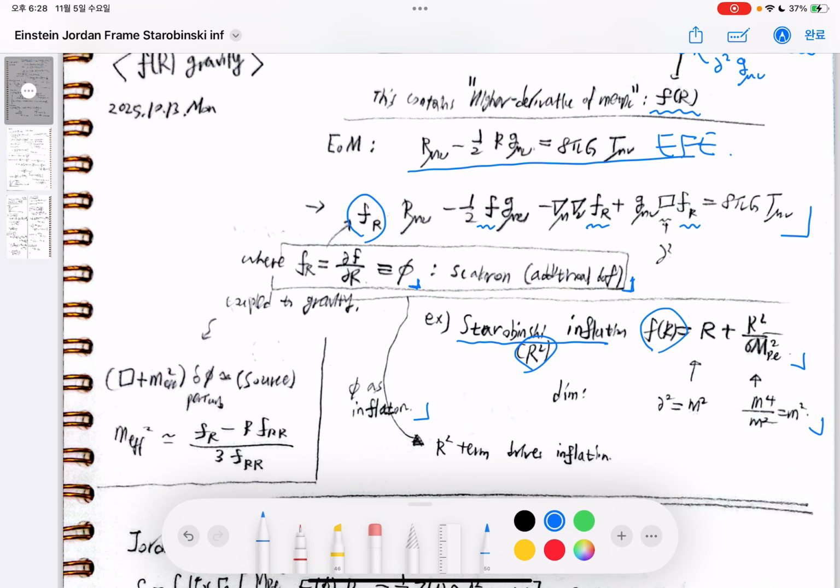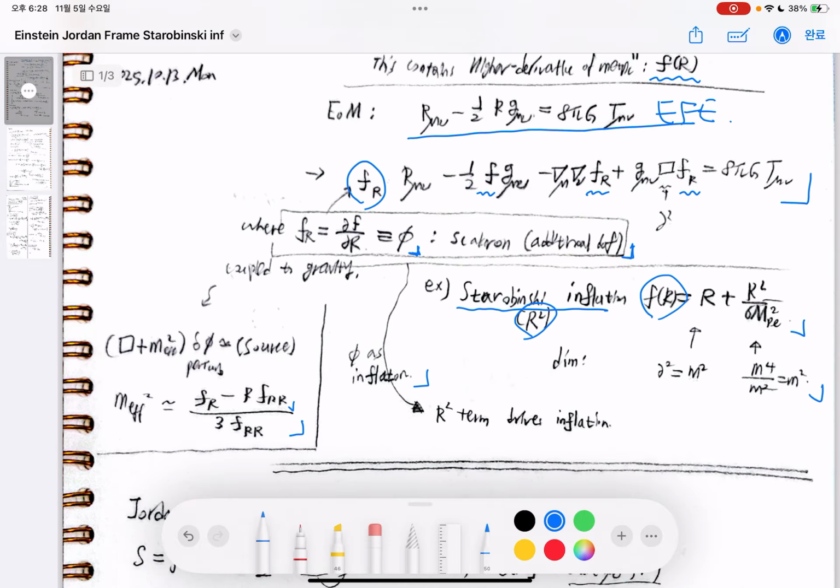And then from f and f_R and the second derivative of f denoted as f_RR, the perturbing terms of the scalar field have an effective mass with a combination of f_R and f_RR.